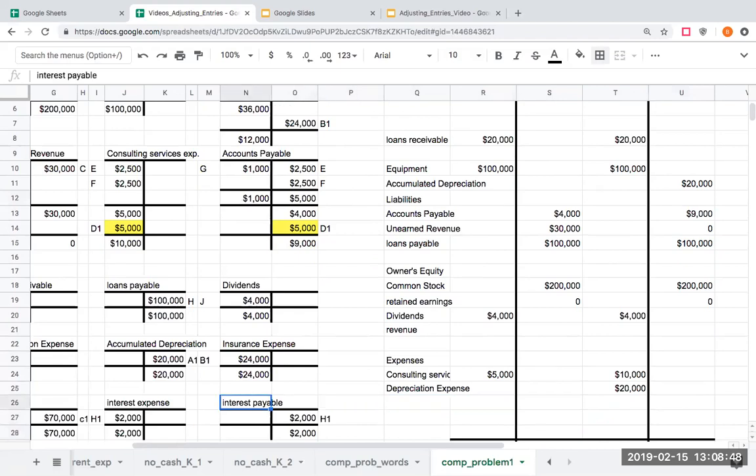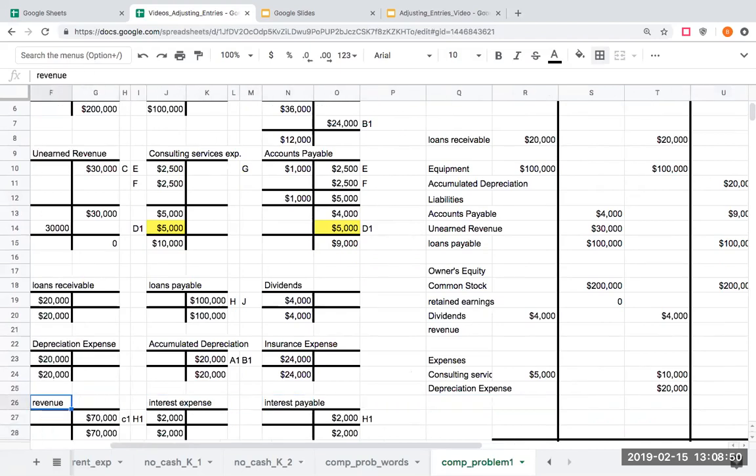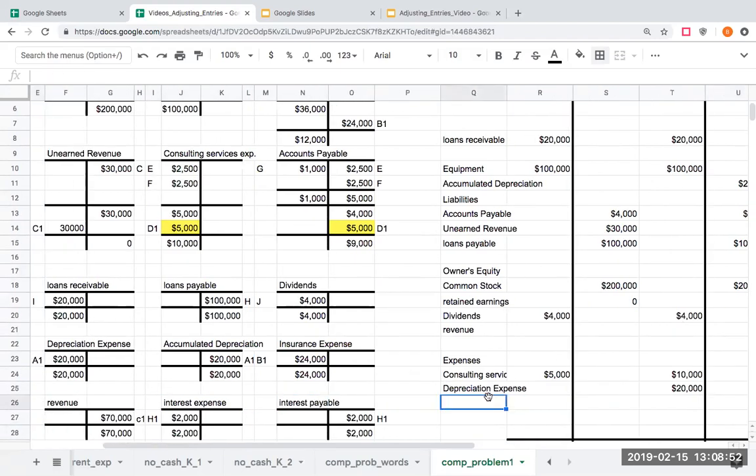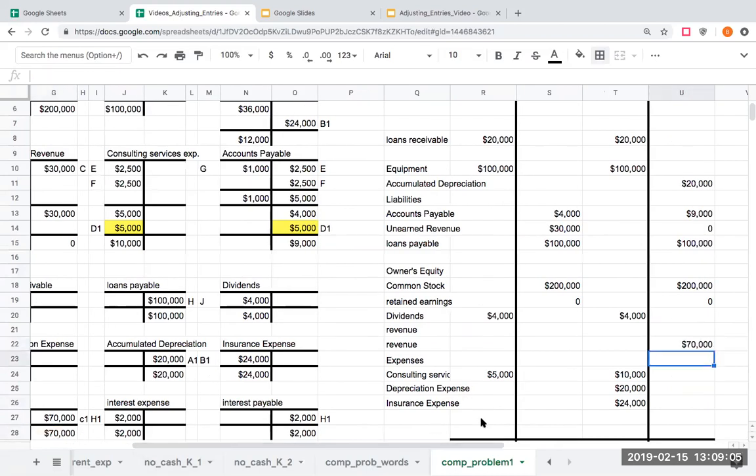Okay, so my next one here is insurance expense. My insurance expense was 24,000. My revenue was a $70,000 credit. I had interest expense of 2,000.